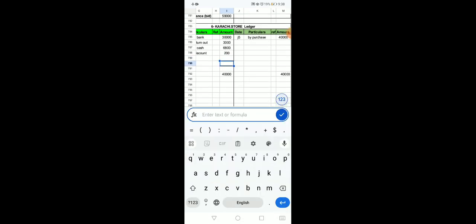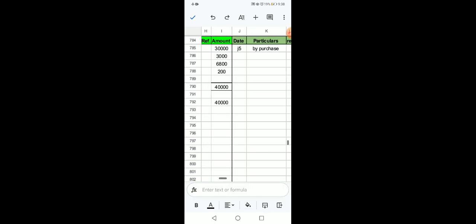So there will not be any balance, and ultimately what you will do, you will write total of larger sum, and that was 40,000 of both sides. You will be writing same balance on opposite side as well. So here you have written 40,000 on debit side and 40,000 on credit side.